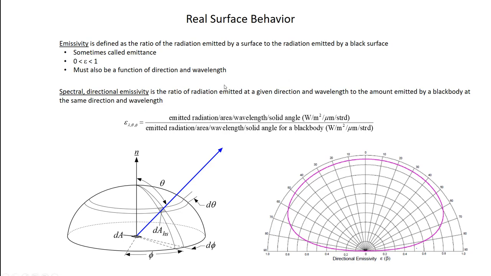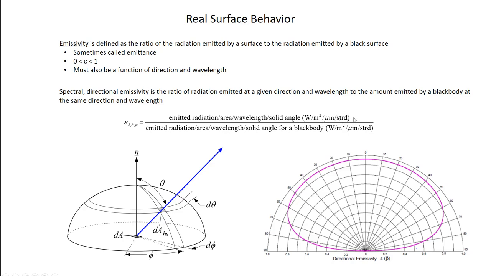So it's the ratio of the radiation emitted at a given direction and wavelength to the amount of radiation emitted by a black body at the same direction and wavelength, right? So we call that epsilon, and then it's a function of wavelength, lambda, and direction, theta and phi. So this is my spectral directional emissivity. It's emitted radiation per unit area, per unit wavelength, and per unit solid angle, right? So watts per meter squared per micron per what's called steradians.